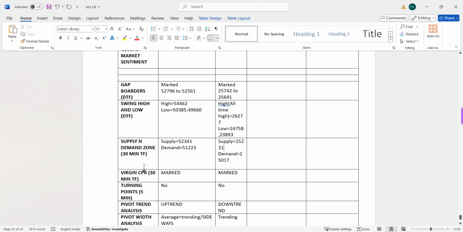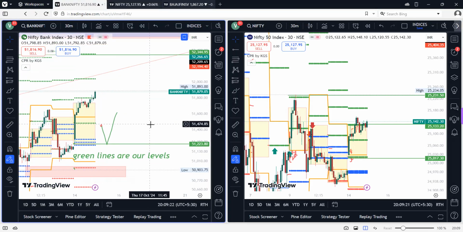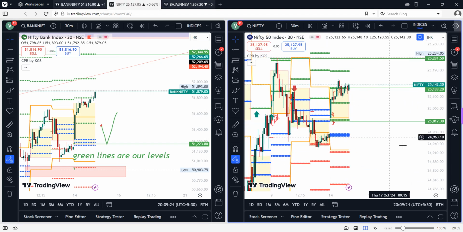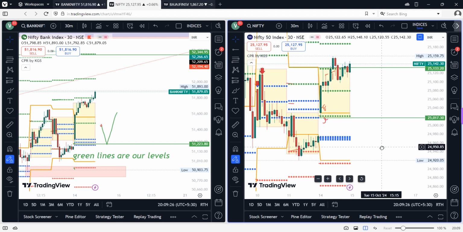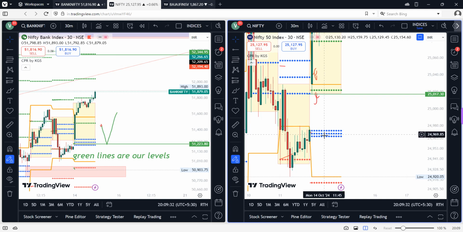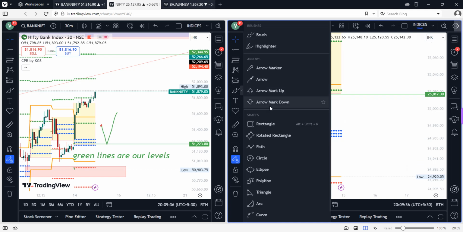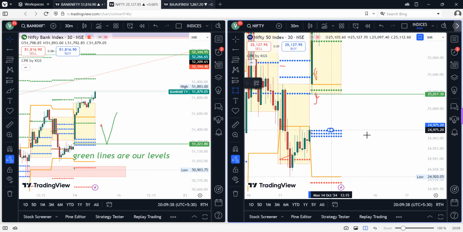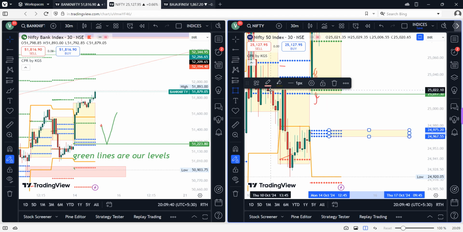Now the next one here is the virgin CPR. Virgin CPR is something like this. It doesn't have price inside it. You can see here, this doesn't have price inside it, so this level is treated as virgin CPR.